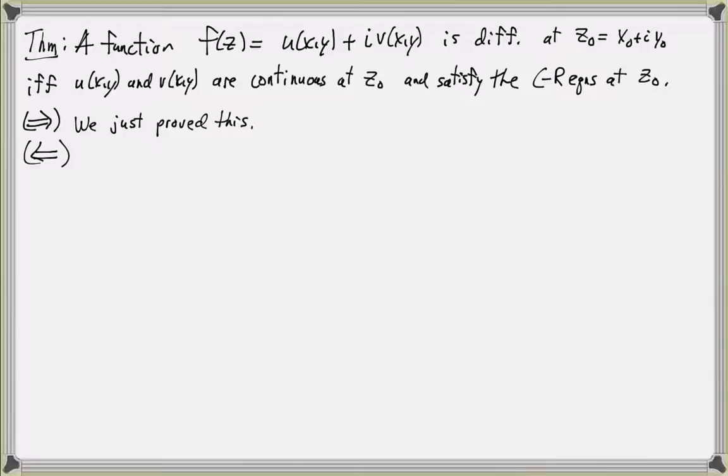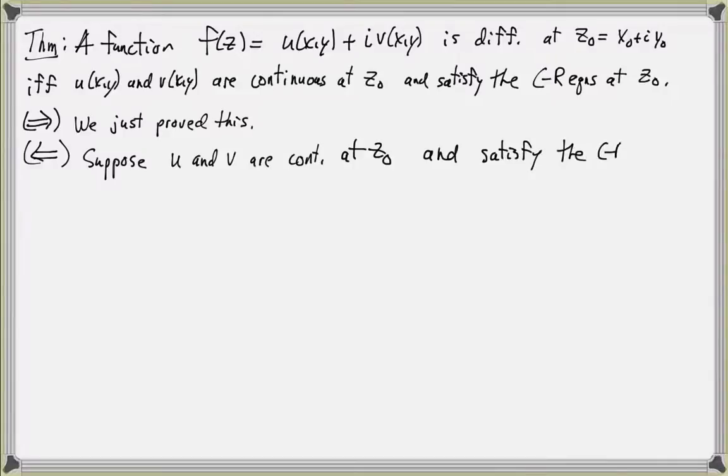So we're going to assume that u and v are continuous at z0, and they satisfy the Cauchy-Riemann equations at z0.